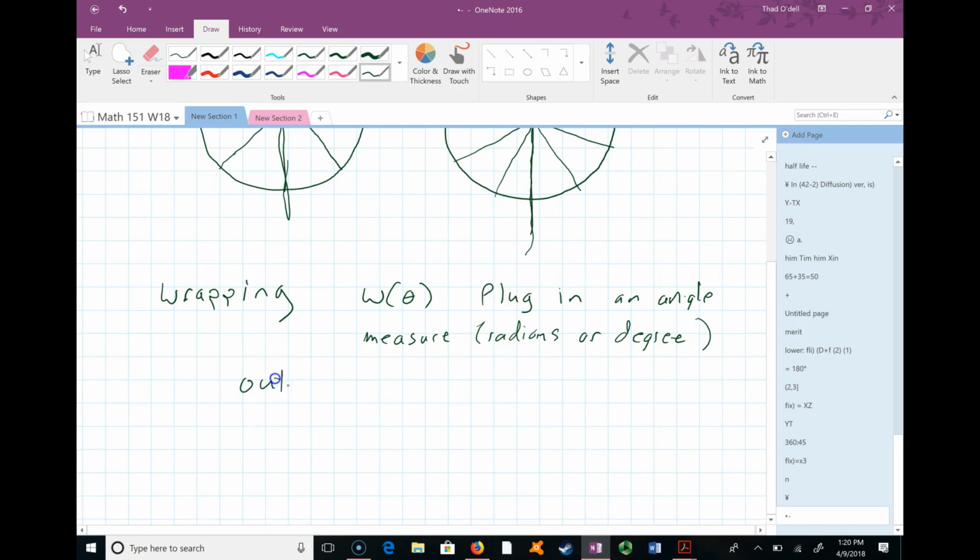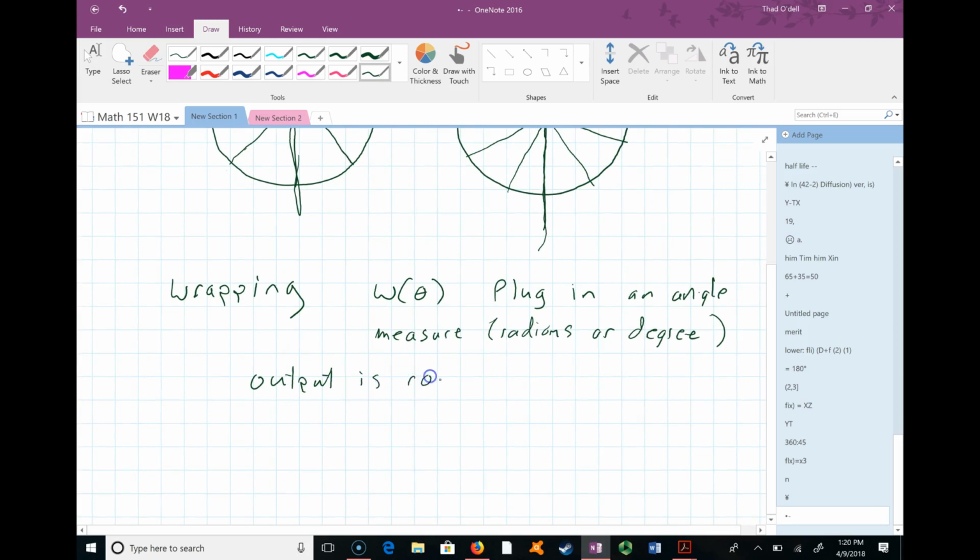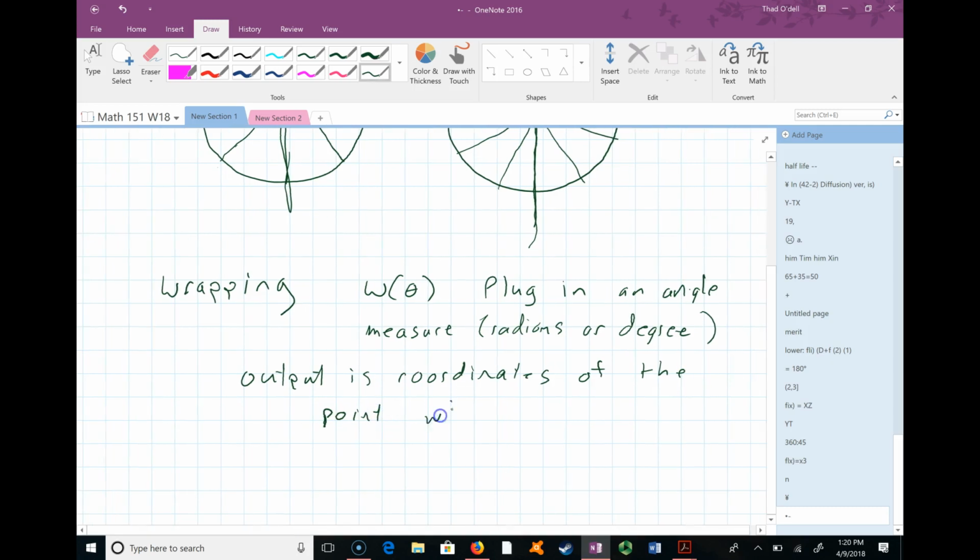The output is the coordinates of the point where the terminal side of the angle intercepts the unit circle.